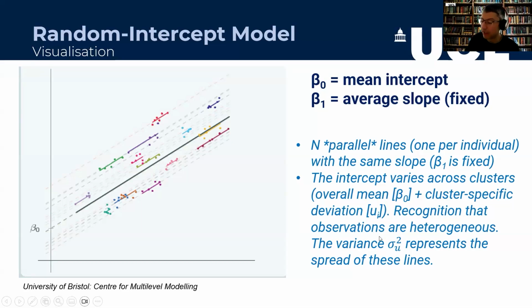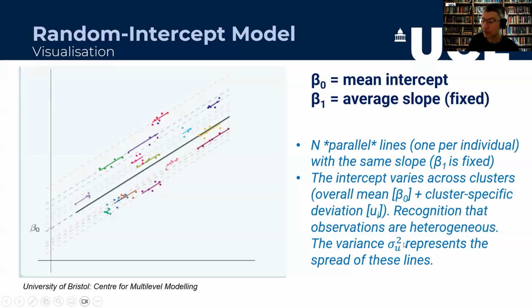And the variance sigma squared u tells us how spread all of these lines are. So the bigger this variance, the more distance there is between all of these parallel lines compared to the overall black line that is the population average relationship.